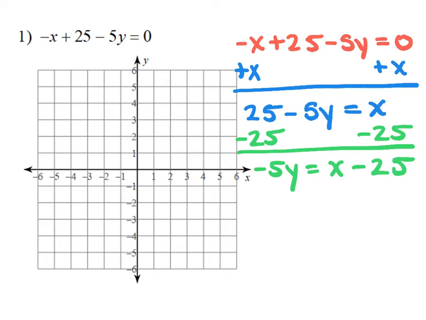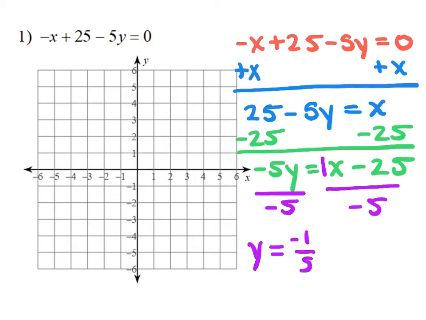Now the last thing I have to do to get y by itself is divide everything by negative 5. So I'll have y equals, there's really a 1 in front of my x, so it's negative 1 over 5x. And negative 25 divided by negative 5 is positive 5.